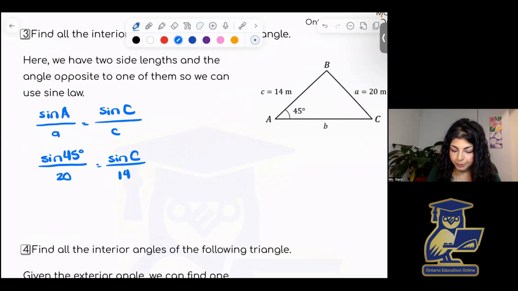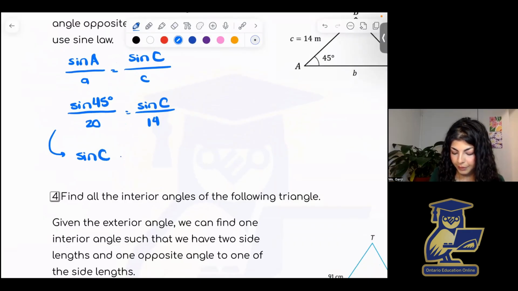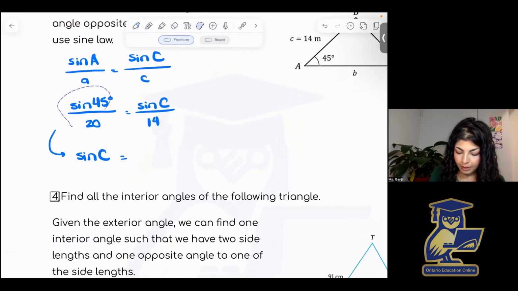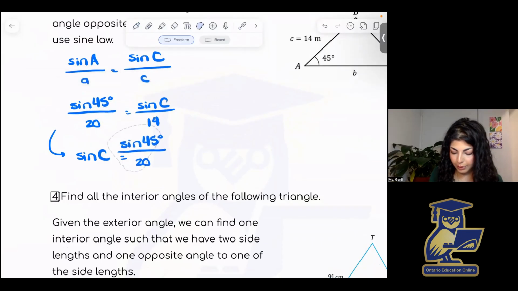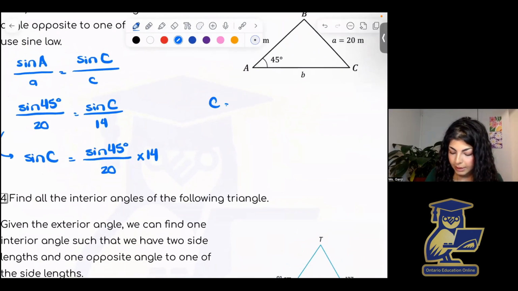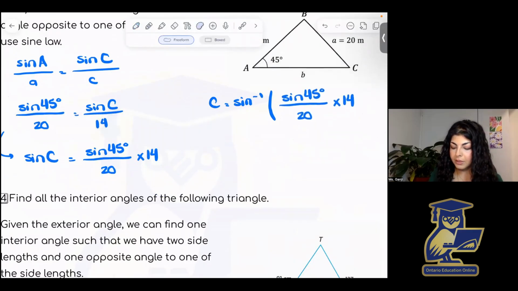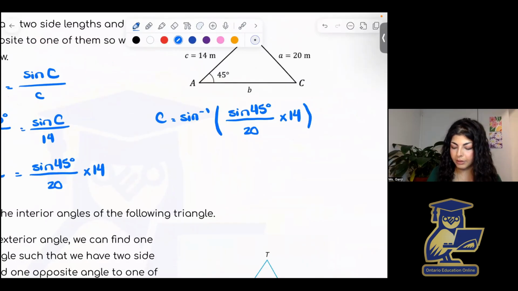So now, from here, I have sine of C is equal to this value here times 14. And really, C is equal to sine inverse of this whole term here. And when I am inputting this in my calculator, I do use that whole expression to get an exact value.